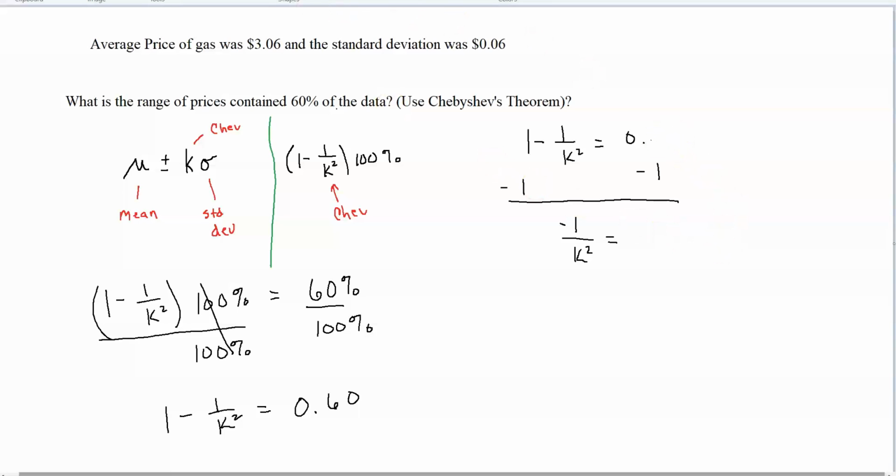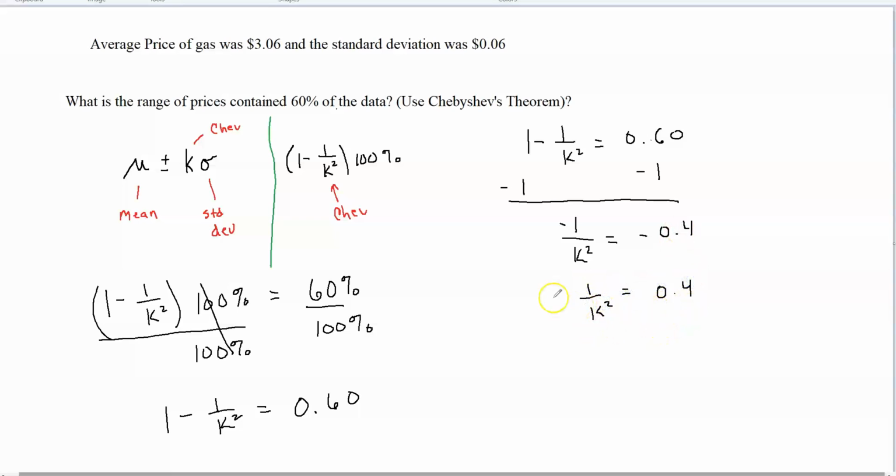Copied it wrong. When I do 0.6 minus 1, I get negative 0.4. And in math, when you have a negative on both sides of the equation, you can drop it out. So you have 1 over k squared is equal to 0.4.